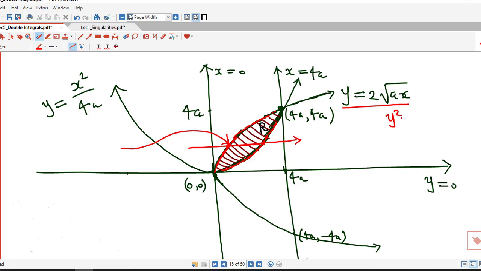If we square on both sides, we have y square equal to 4ax. So from this we obtain that x equal to y square by 4a. So the line enters at x equal to y square by 4a, and this point is on this parabola.